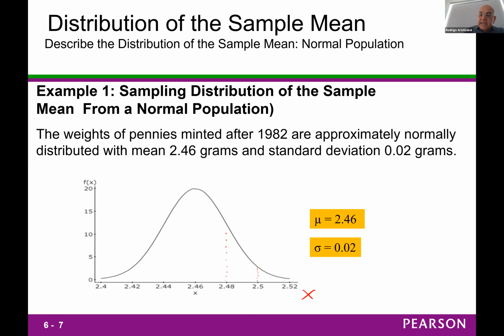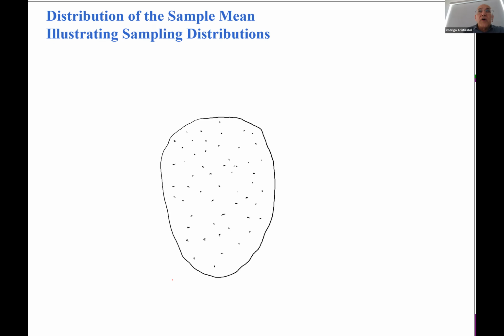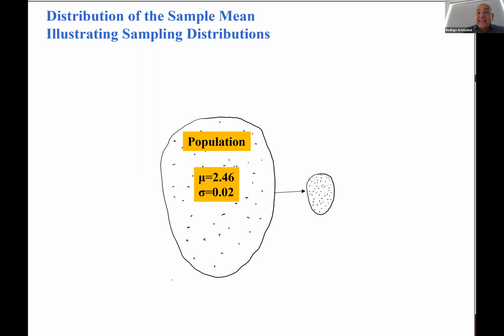There is a high column of pennies that weigh exactly the mean. But now we are interested not in the distribution for individual values, but in the sampling distribution for all possible sample means when my sample size is n.